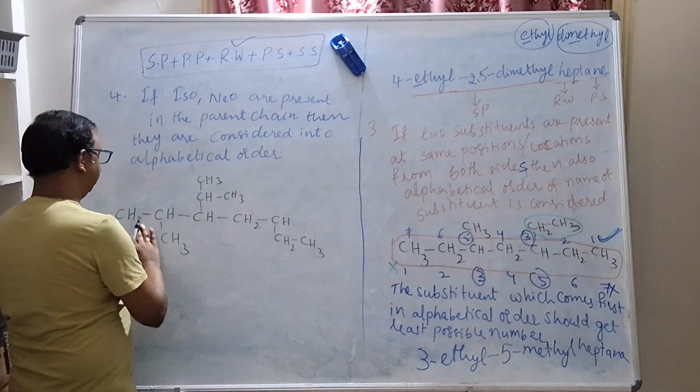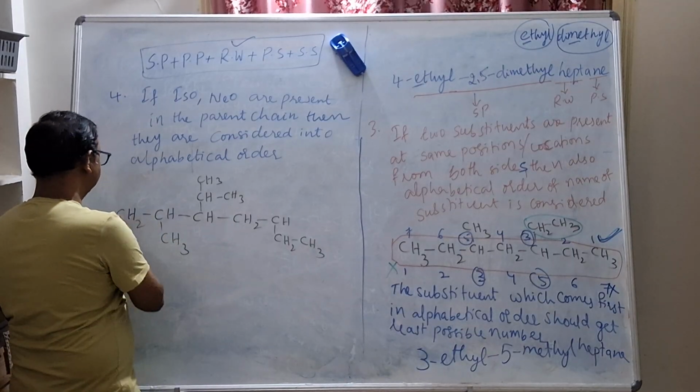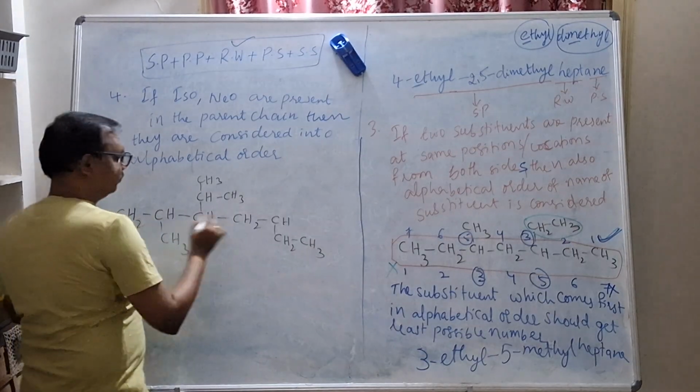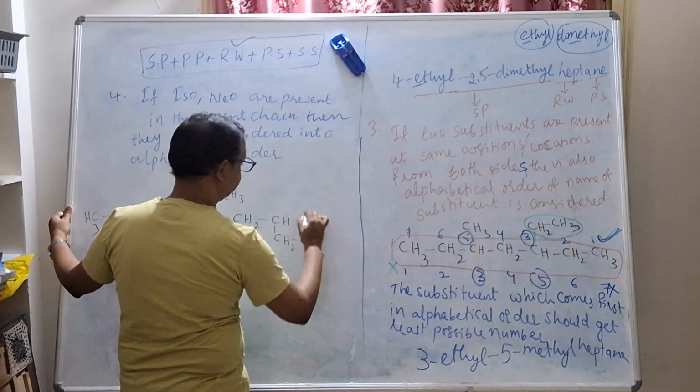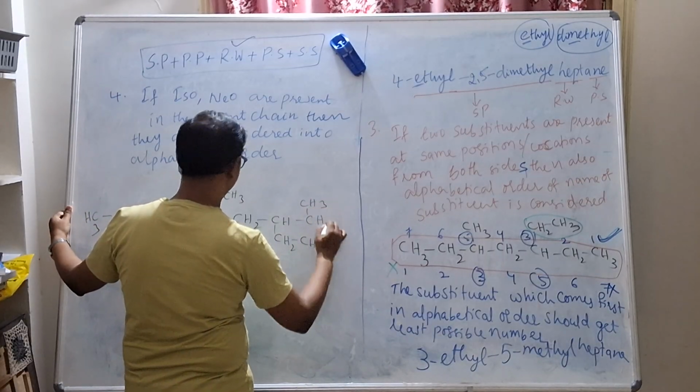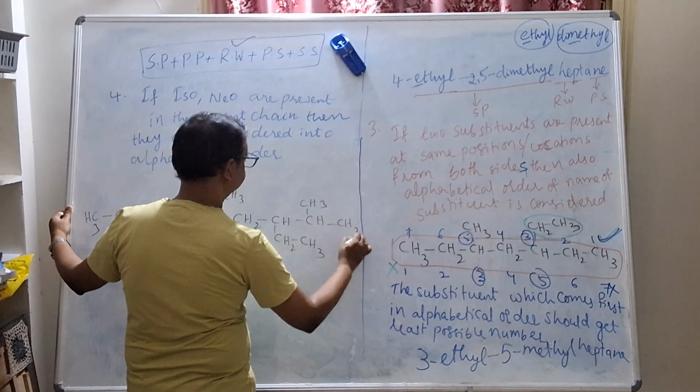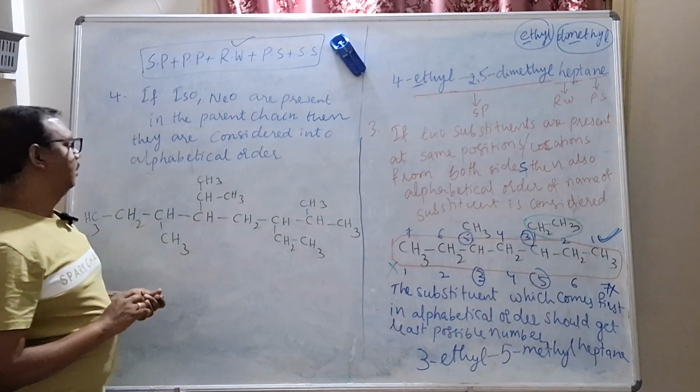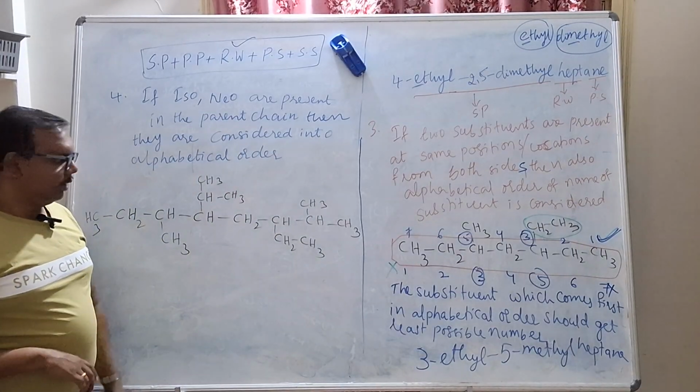We can write here one more carbon. I'm extending this: CH3, CH2, CH3, CH3. You can observe here.